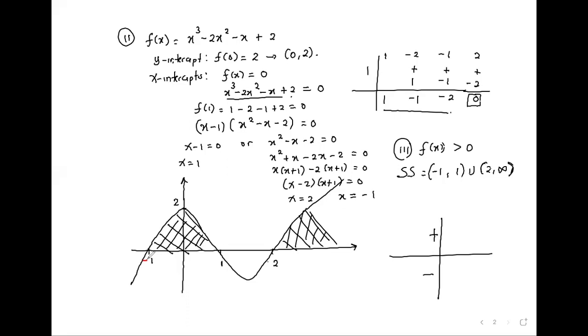So this is -1 from here up to here. Positive 1. So I'm saying for the values of x between -1 and 1, the curve is above the x-axis. It goes like that.